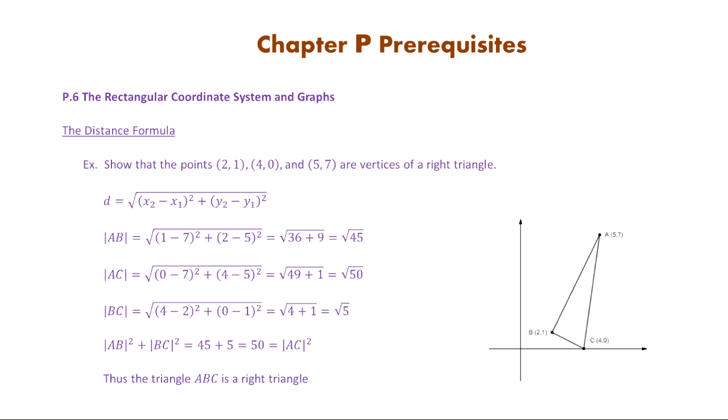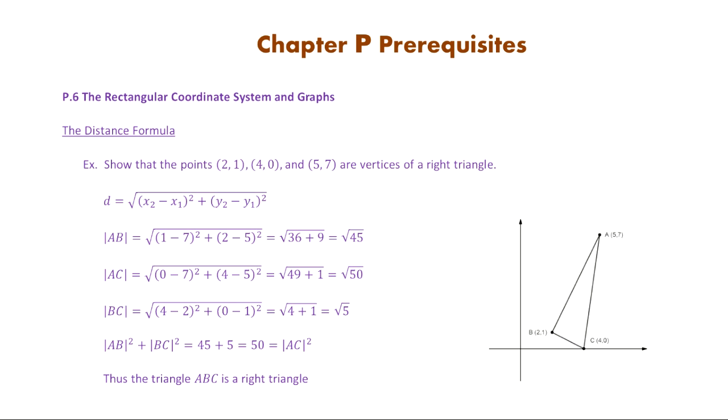So x2 will be 2, x1 will be 5, so 2 minus 5 squared, and y2 will be 1 and y1 will be 7. So you get 1 minus 7 squared. 1 minus 7 is negative 6, negative 6 squared is 36, and 2 minus 5 is negative 3, squared you get 9. So 36 plus 9, you get 45. So that's square root of 45.